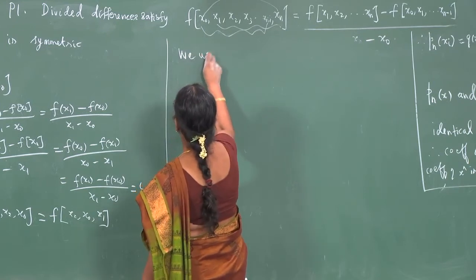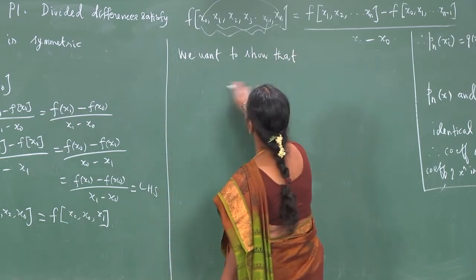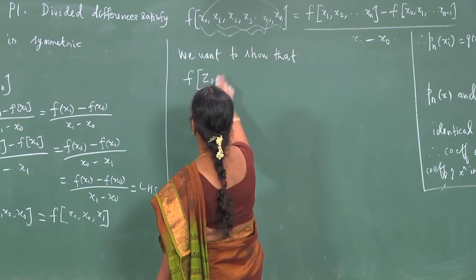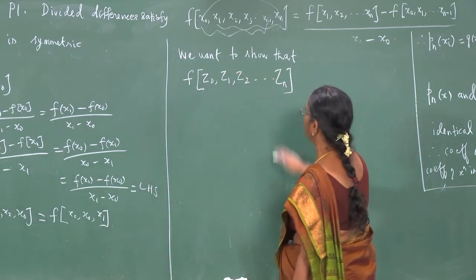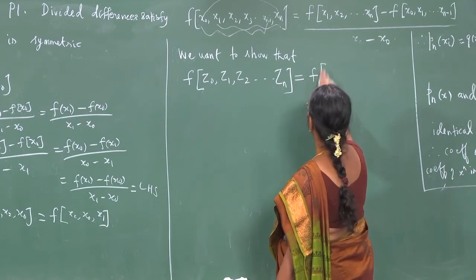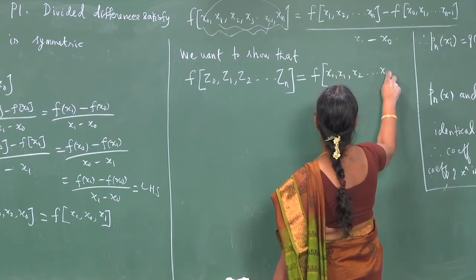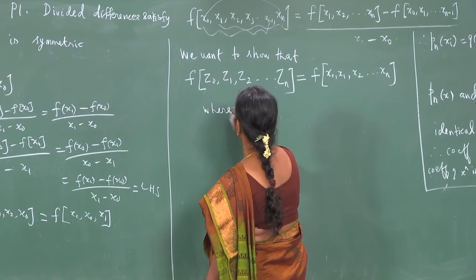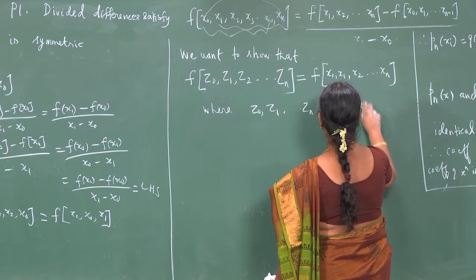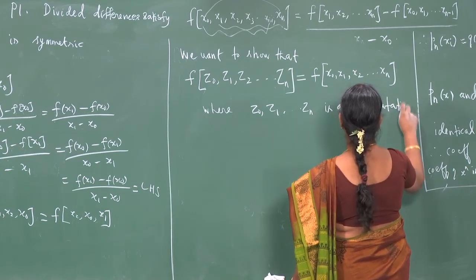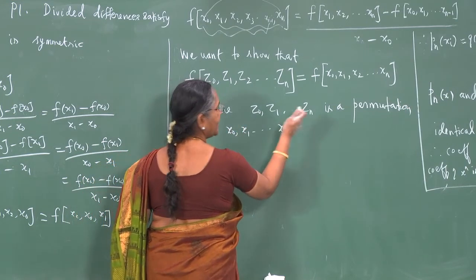So we want to show the following. Show that the nth order divided difference, say f of z0, z1, z2, etc., zn is the same as the nth order divided difference x0, x1, x2, etc., xn, where z0, z1, etc., zn is a permutation of x0, x1, etc., xn.